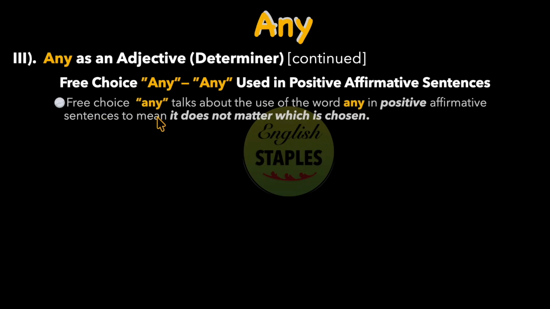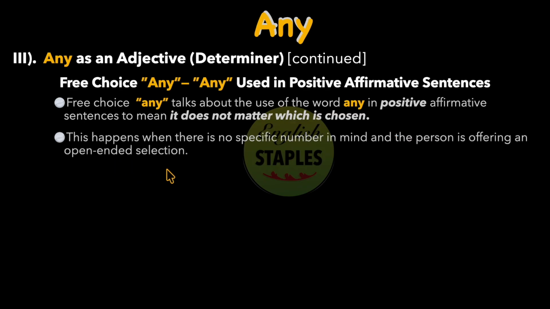Free choice, any, talks about the use of the word any in positive affirmative sentences to mean it does not matter which is chosen. It does not matter which thing is chosen.